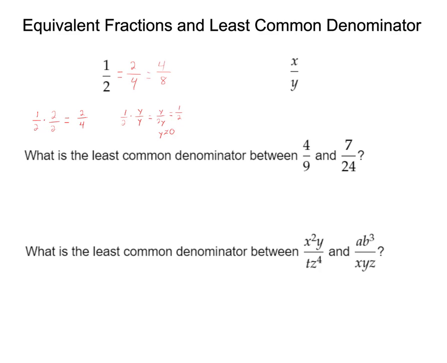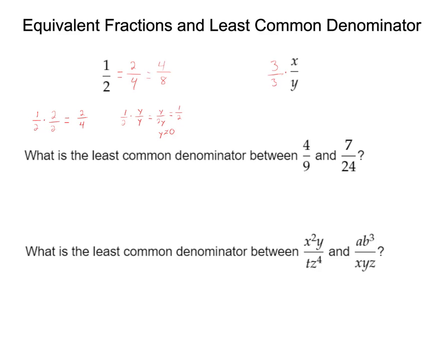So we can do the same thing. Let's say we take x over y, and we want to find an equivalent fraction. Perhaps we want to use just a whole number. So let's say we want to multiply by 3/3.